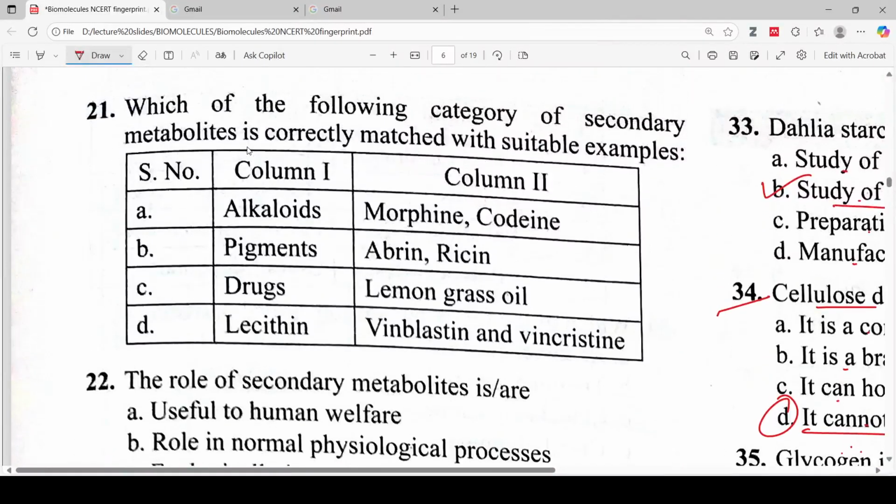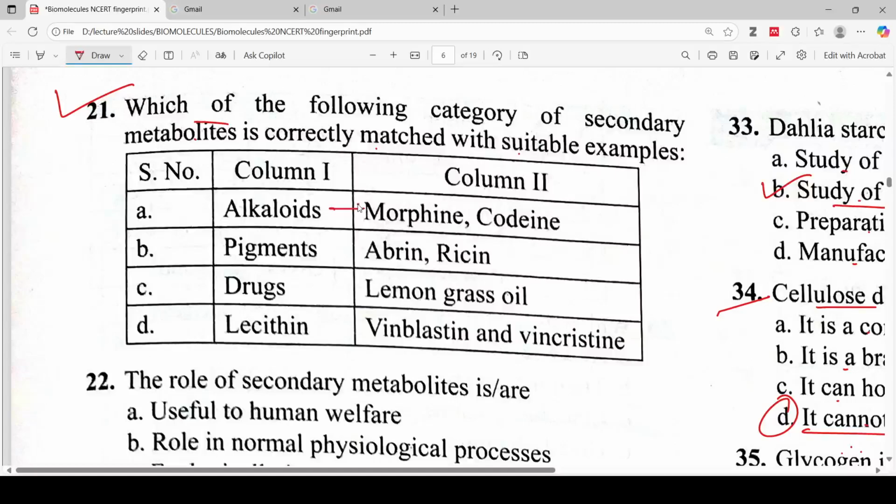Again, which of the following categories of secondary metabolite is correctly matched with suitable examples? So alkaloids correctly match.